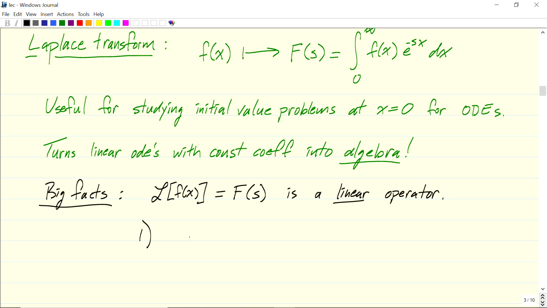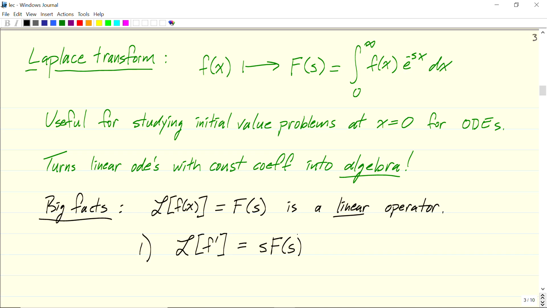A bigger fact, maybe from the point of view of ODEs, is that if I take the Laplace transform of a derivative, it multiplies the F of s by s. You just write out that integral and put an f prime in there.